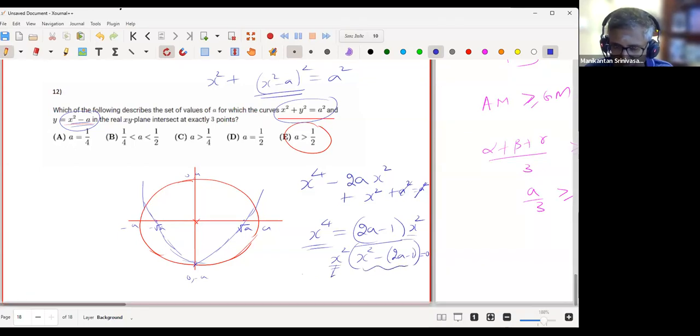So this guy must have 2 distinct roots, which means 2a minus 1 should be what? 2a minus 1 must be a positive quantity, right? x square minus positive quantity equal to 0. Yeah, correct. Which means a is greater than half.